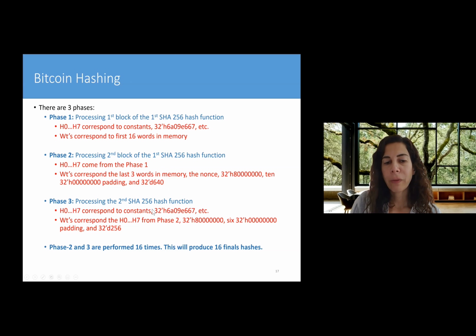The input to this is the output of phase 2, in addition to the padding, as you will see here, and the initial header of the file, which talks about the sizes. Because phase 2 and phase 3 rely on the nonce value, they are performed 16 times. So this will produce 16 final hashes for us.